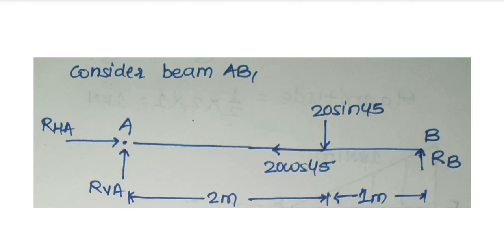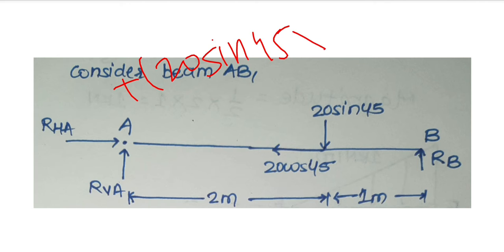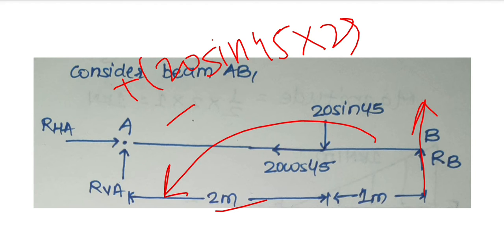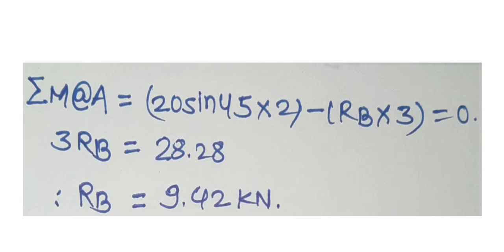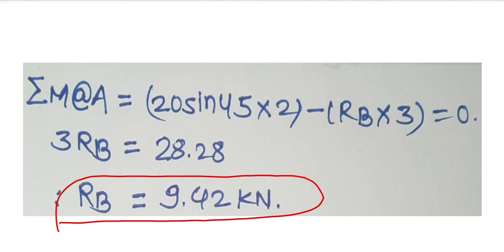So the term is positive 20 sin 45 into the distance, that is 2 meters. And here RB is in the upward direction, so it becomes anticlockwise in nature. So minus RB, and the distance is 2 plus 1, that is 3 meters. This is the condition, equal to 0. Solving that, we get RB equal to 9.42 kilonewton.